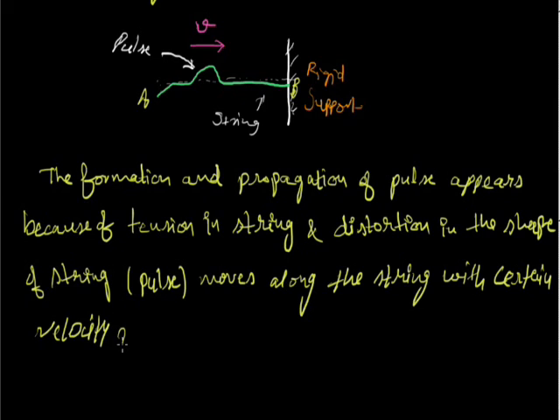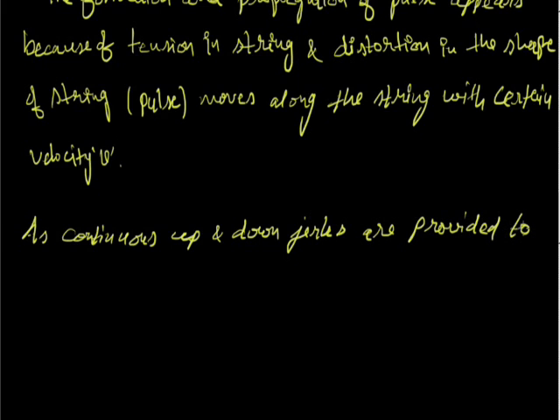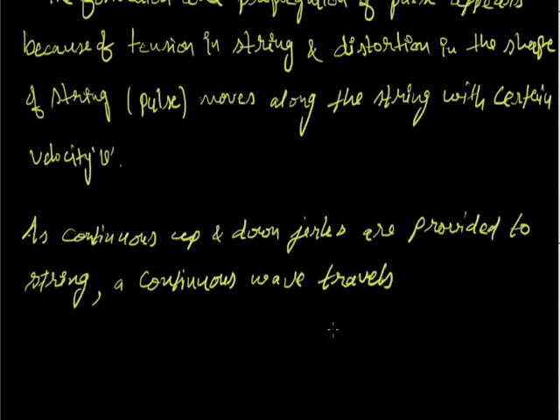The velocity is v. As continuous up and down jerks are provided to the string, a continuous wave travels along the string.